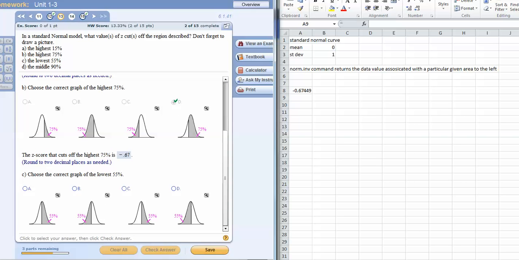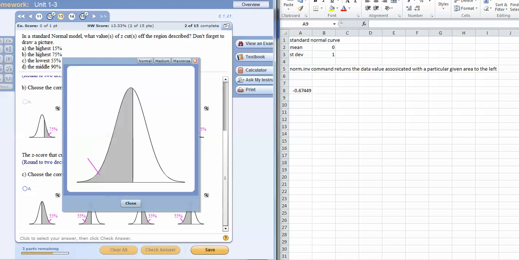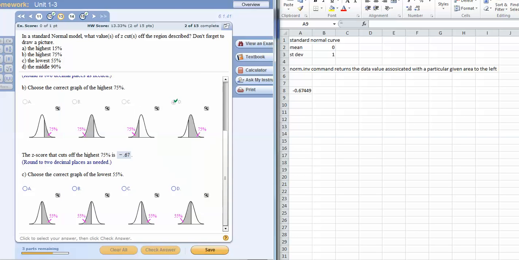Okay, now the lowest 55%, now I don't have to think very much. 55% is going to be beyond the mean, so it's going to be either B or D, but I think it's going to be D because you have to be a little bit beyond the mean.